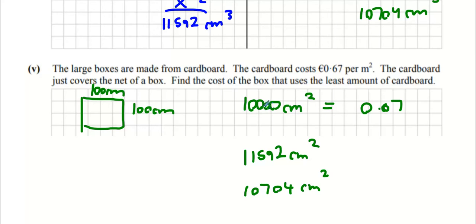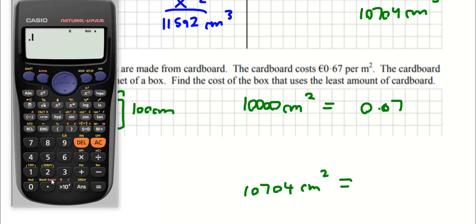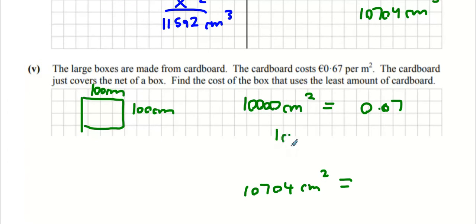Well, actually, we only have to find the cost of the box that uses the least amount of cardboard, so we actually only have to find out the cost of the 10,704 one. So we're going to divide both sides by 10,000, so 67 divided by 10,000. All right, so that's 67 over a million. So 1 centimeter squared costs 67 over a million.